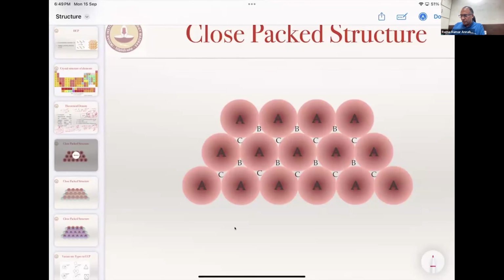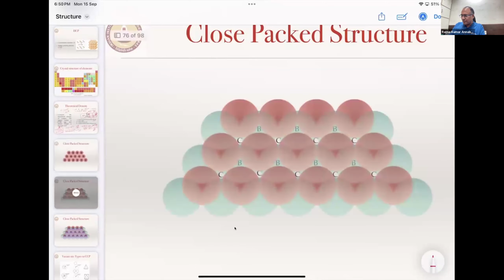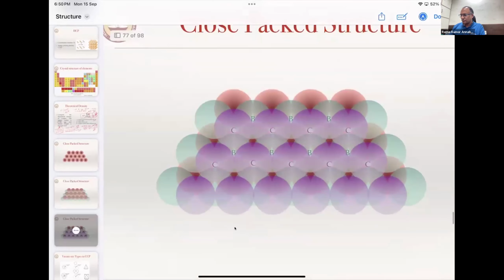And then the next set of atoms are kept above this, filling B positions like that. Still you can see there is a gap here, right? You can see through these holes. And the next level, you put it at the C.